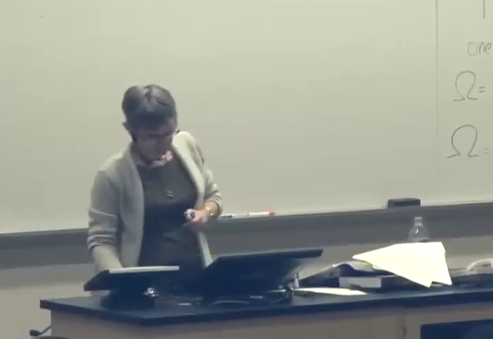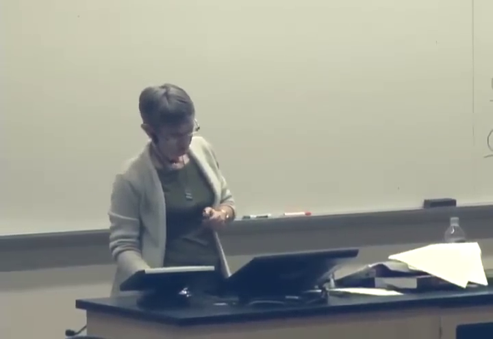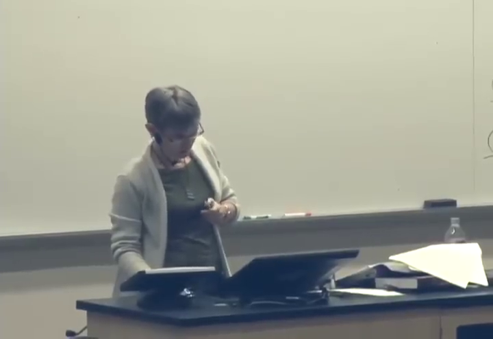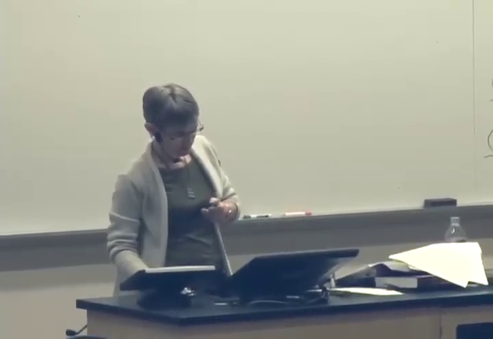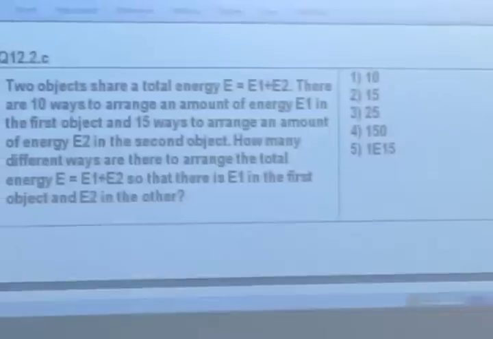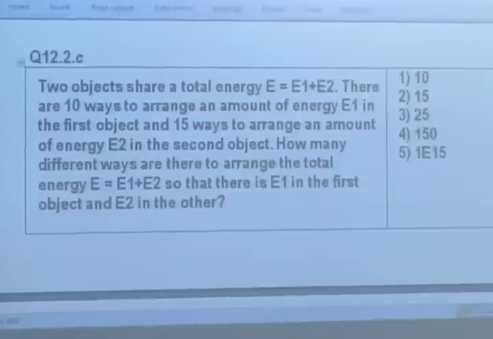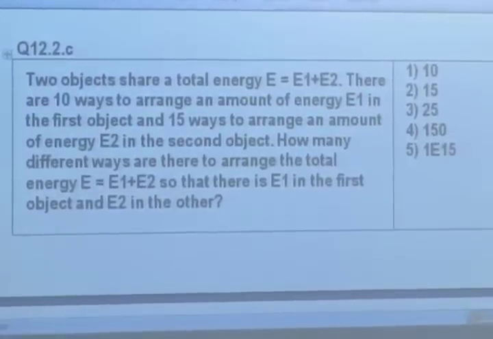So let's think about sharing energy. If we have two objects that are in contact with each other, let's think about this for a minute. There are two objects in contact with each other. They have a total amount of energy, E1 plus E2.